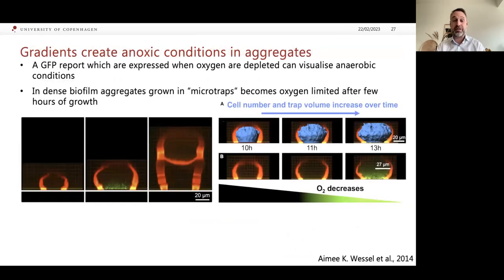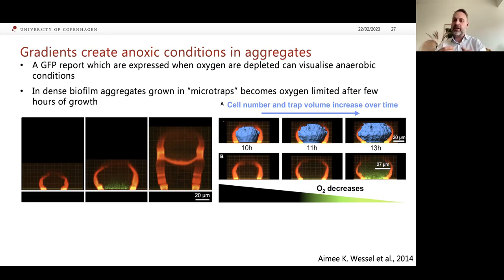And this leads me into a good example of how you can mimic this. This was done by Amy Wessel in Marvin White's lab a couple of years ago, where they used these small houses for bacteria, these microtraps, where they could capture bacteria inside, and they would grow over time into aggregates. These houses were permeable for media, so media could flow over the surface of the aggregates.